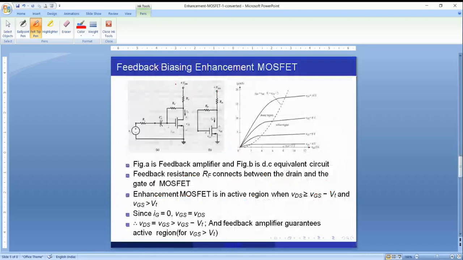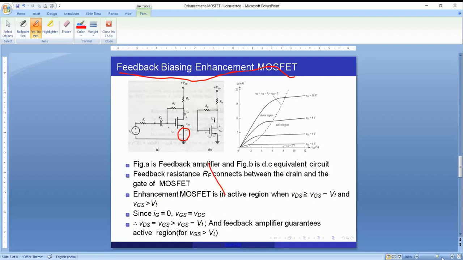Let us go for another topology, another biasing possible in MOSFET, which is feedback biasing. You can see in the feedback biasing there is no RS.